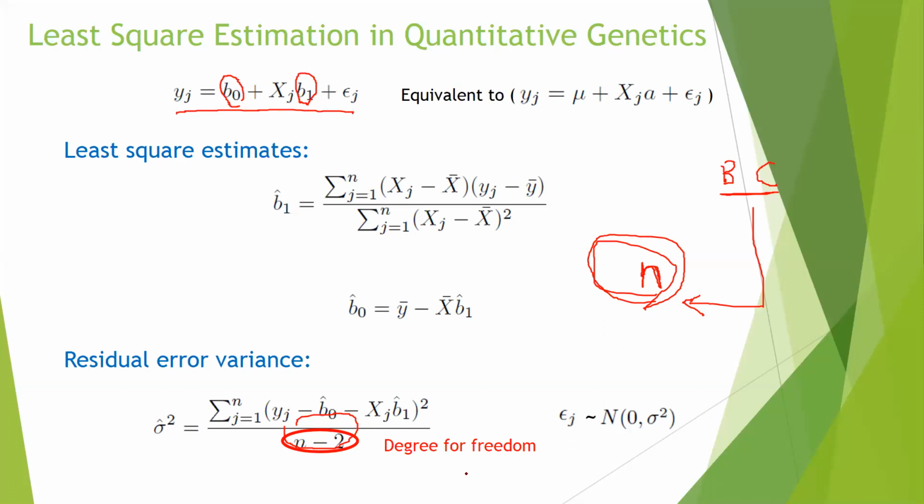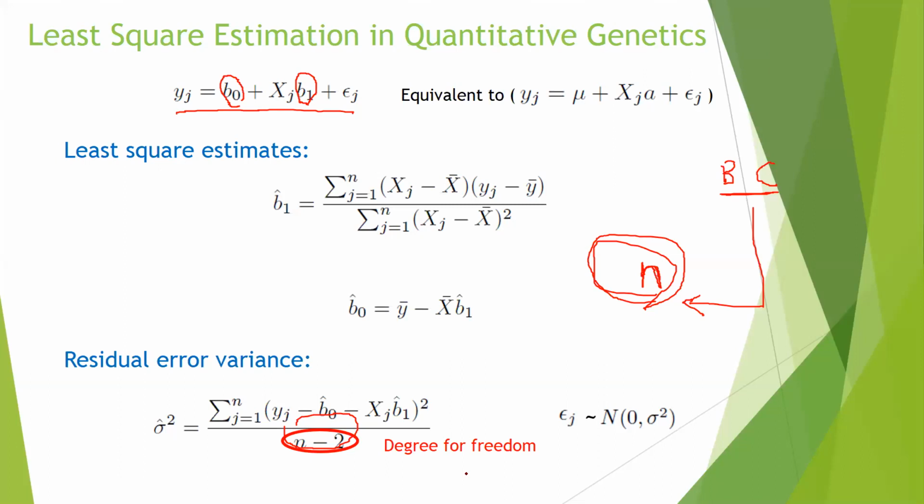Any questions? Degrees of freedom? Have you learned this concept when you take any statistics classes? Yes, a little bit. Okay, very good. So basically, how do we calculate the degrees of freedom? If you do nothing, you just have pure data, then the number of independent data points is the degrees of freedom.